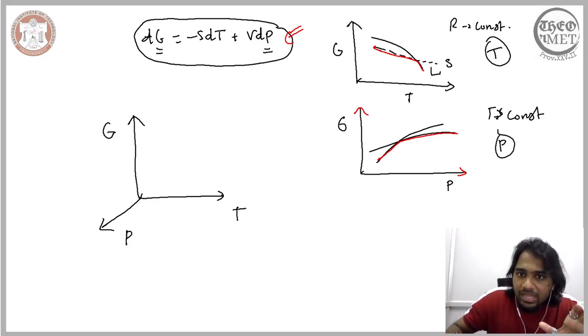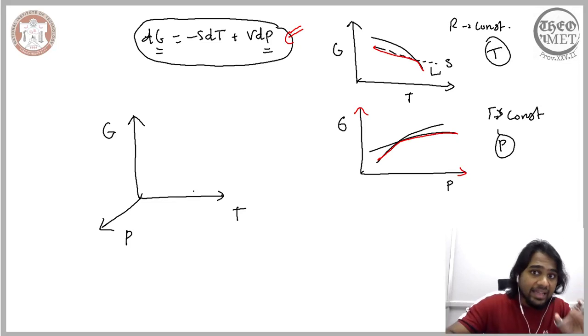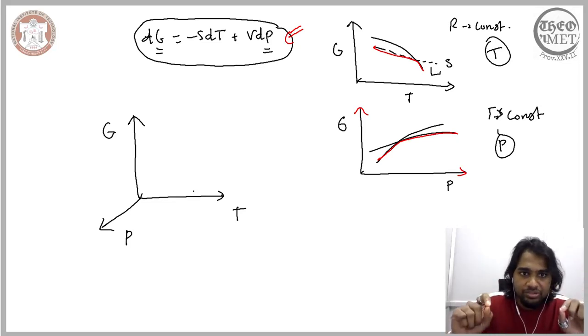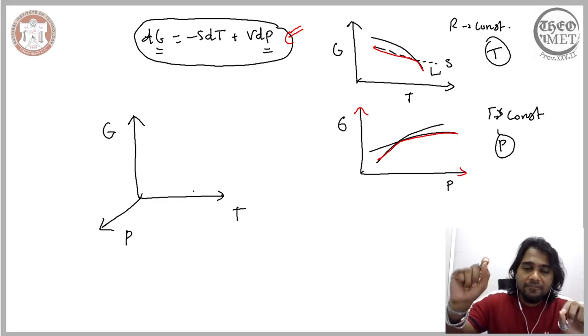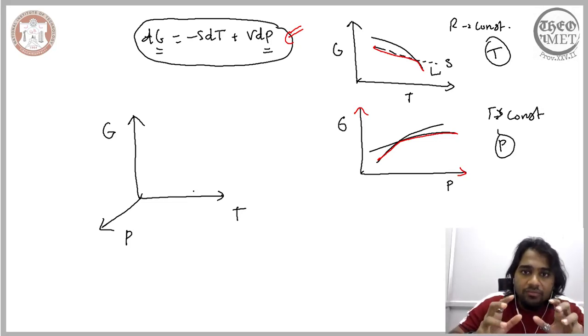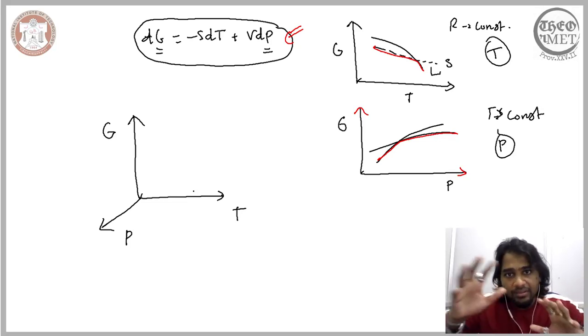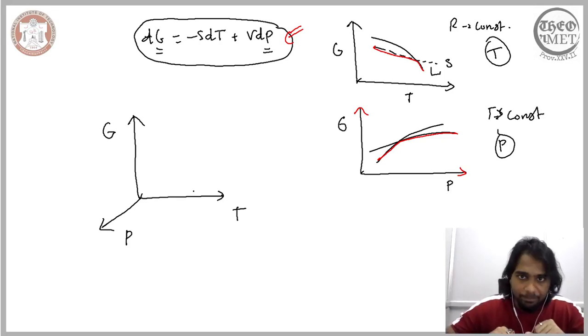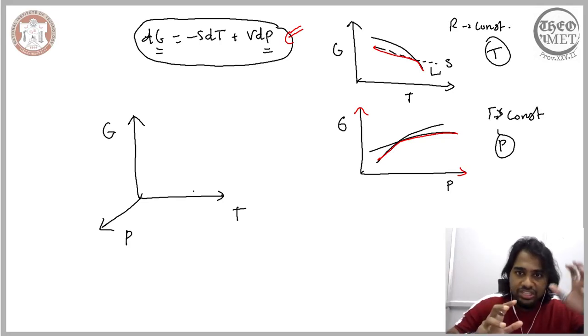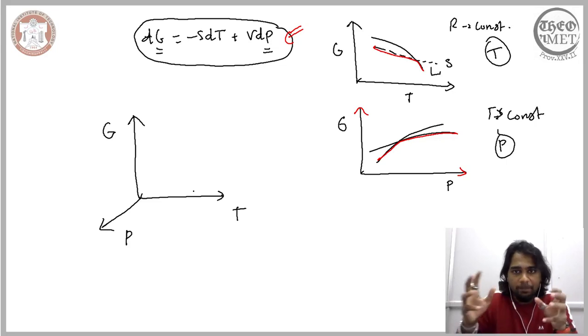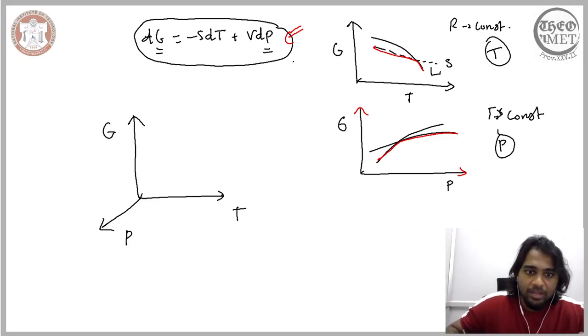In this case, we are collectively considering the change in both temperature and pressure and how it influences the Gibbs free energy. What we have is a curved plane, a surface that represents the change in the Gibbs free energy with respect to both pressure and temperature. So that is what we saw in our previous lecture.